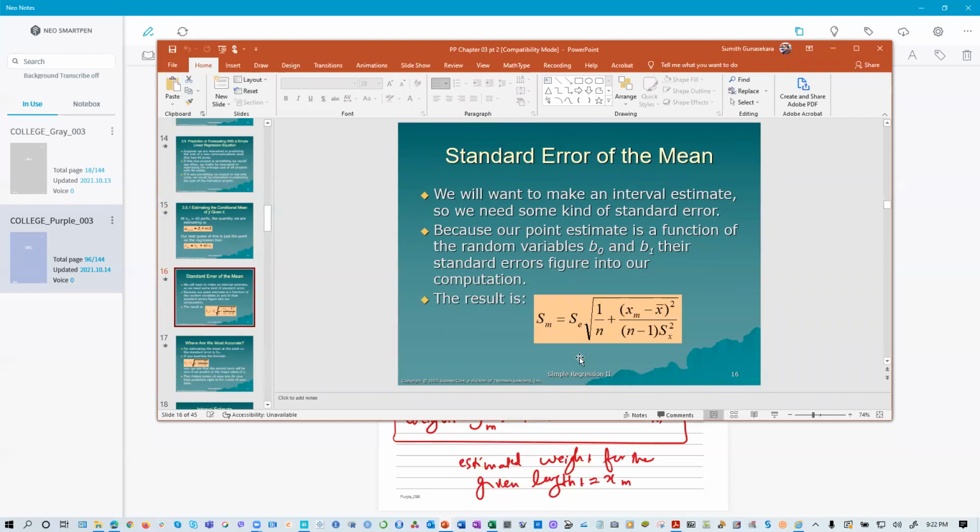SM has been given by y hat m plus or minus SE times the square root of 1 over n plus xm minus x bar squared over n minus 1 times sx squared. I wrote that one here so you can see.